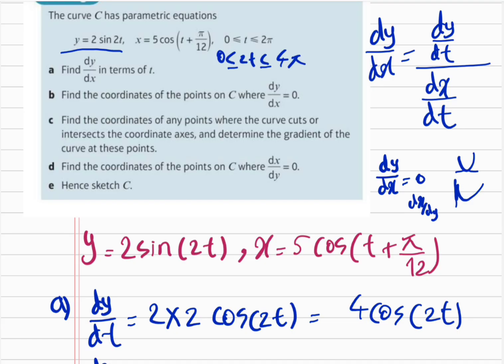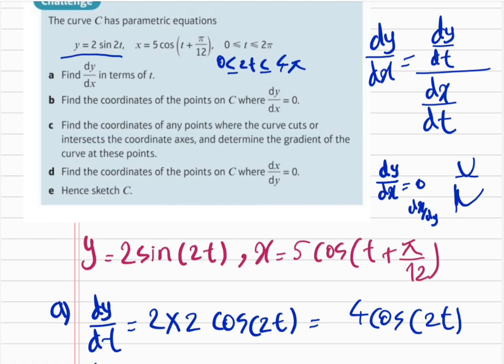So in a sense, having dx by dy equal to 0 is not mandatory, because at least in this question we can still sketch without it. But since you have found that, we can just use that in our diagram.